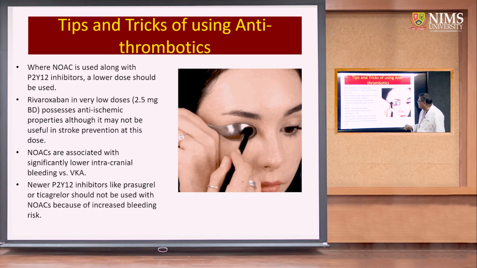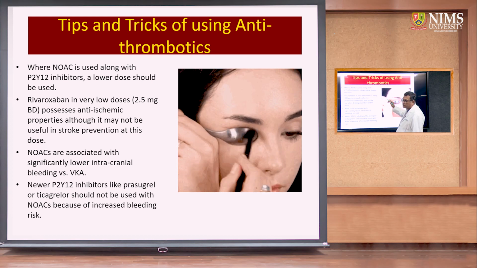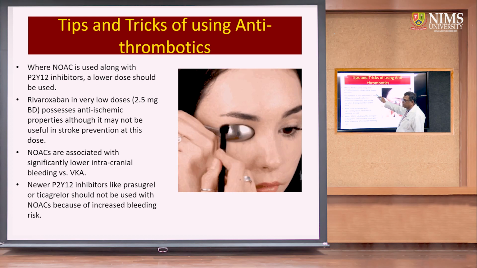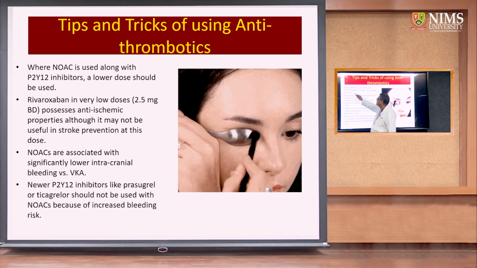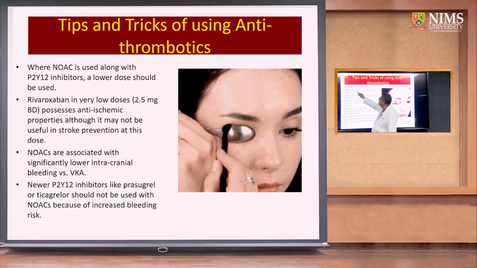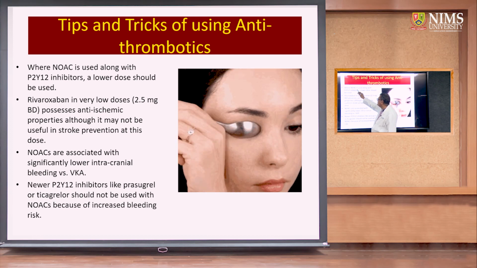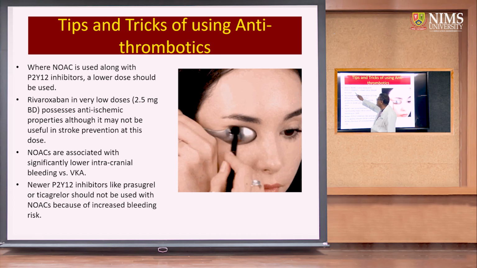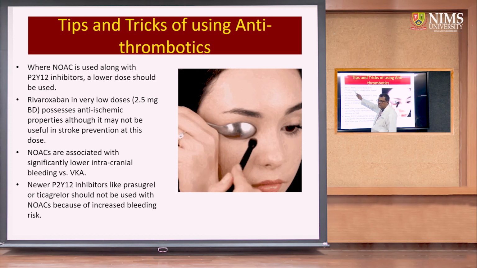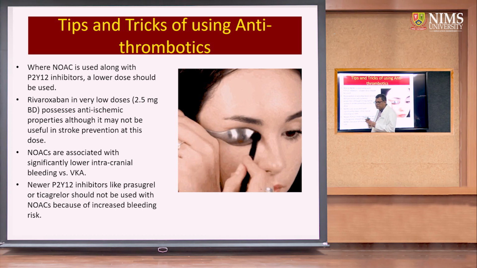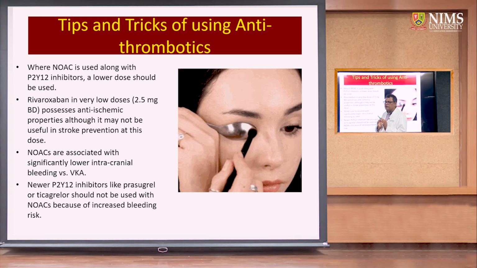So I think this is perhaps my last slide, tips and tricks of using antithrombotics. This is rule number 1 I told you. Whenever you are combining P2Y12 inhibitors with NOAC, a lower dose NOAC should be used. Also remember that the P2Y12 inhibitor should be clopidogrel and not ticagrelor. So whenever there is a combination, you use the simplest thing, low dose clopidogrel.